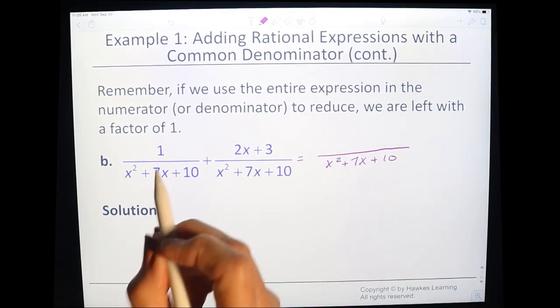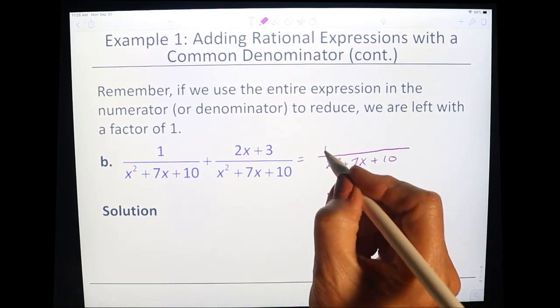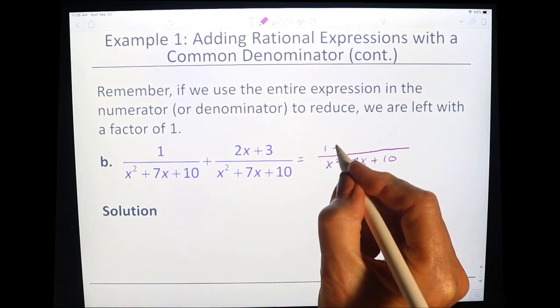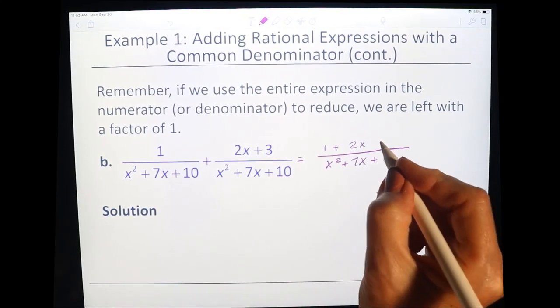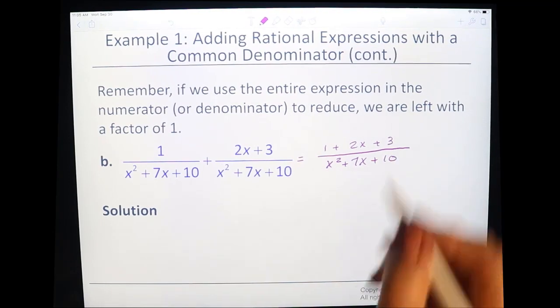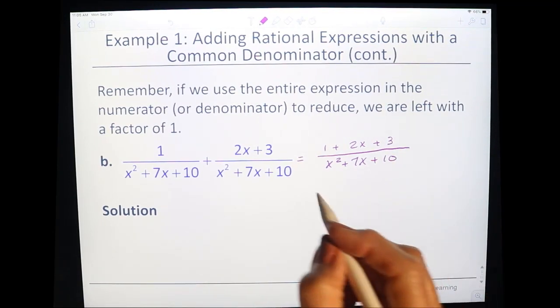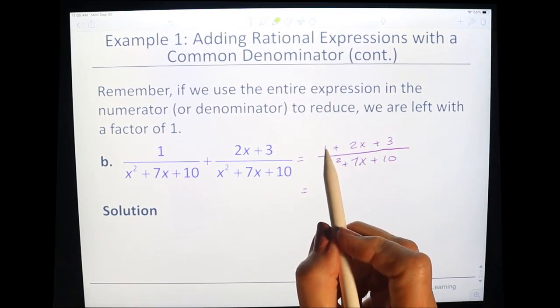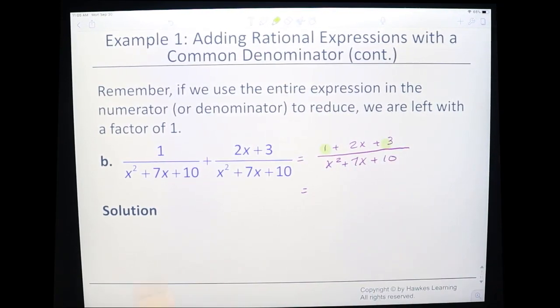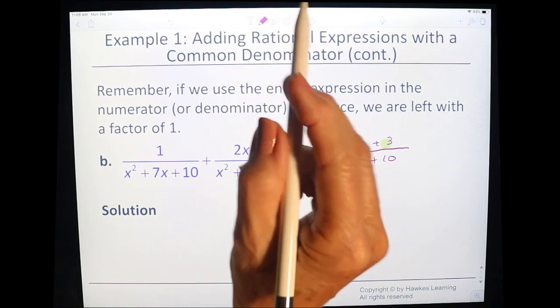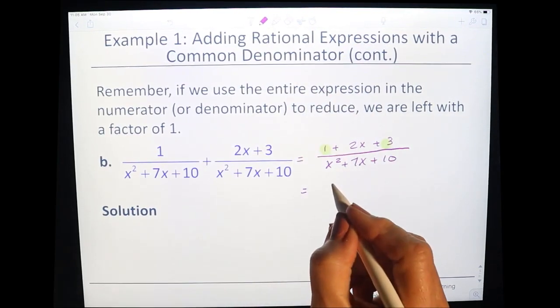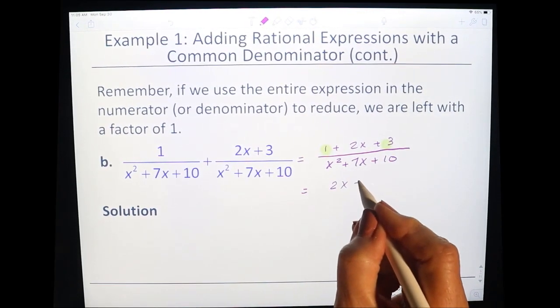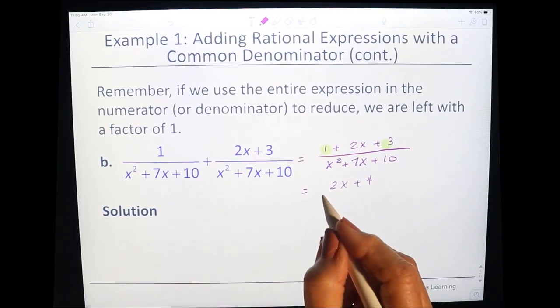And then I'm going to pick up the pieces in the numerator, so I'm doing a 1 plus 2x plus 3. Now I need to do a little simplifying up here, so I'm noticing that I have like terms, positive 3 and positive 1, so let me go ahead and combine those to get 4.